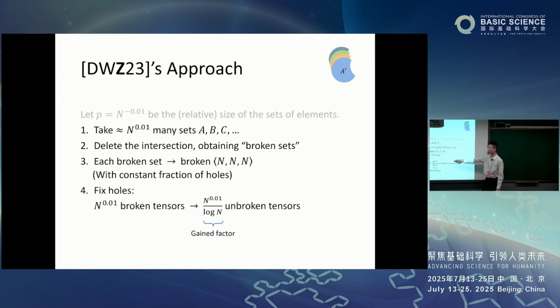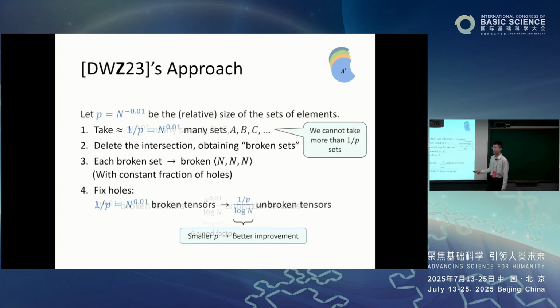And finally, we perform the technique of fixing holes to transform those broken tensors back into unbroken ones. The final step will cause us to lose a factor of log n in the number of tensors we have, but that is negligible compared to the polynomial gain in the numerator. So in the end, what we get is a large number of unbroken matrix multiplication tensors, which is much better than the one matrix multiplication tensor in the traditional approach.